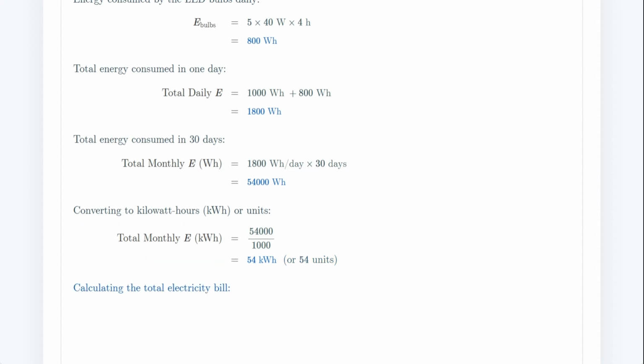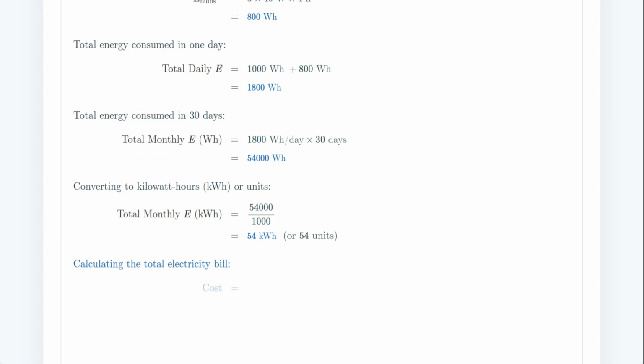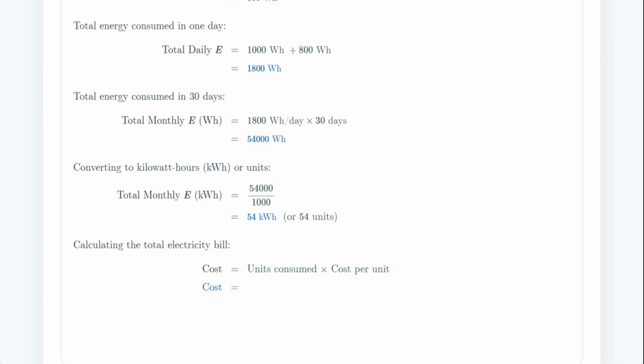We are almost done. Let's calculate the final cost. The total cost of the electricity bill equals the total units consumed multiplied by the cost of one single unit. Substituting our values, we have 54 units multiplied by the rate of 5 rupees per unit.